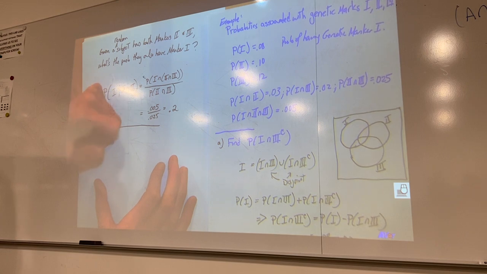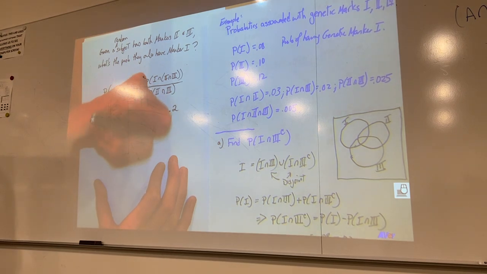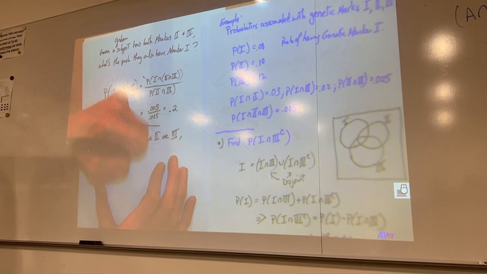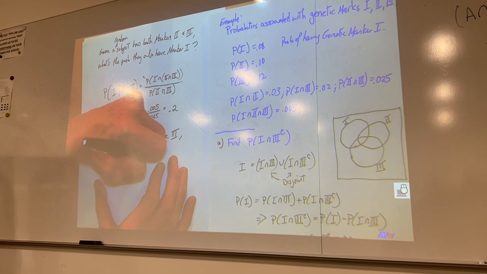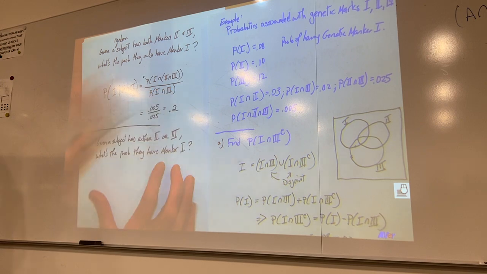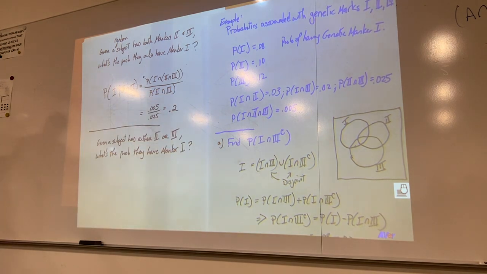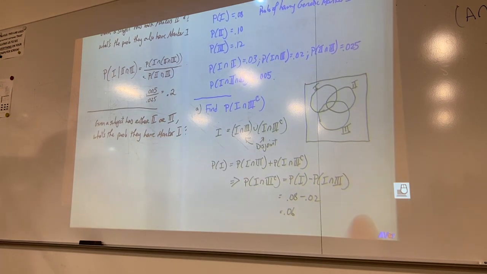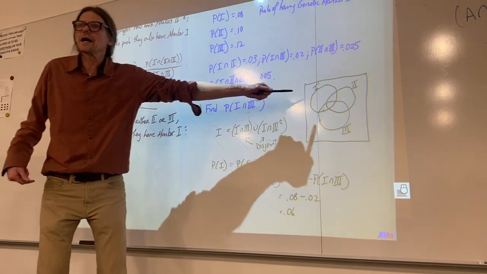Given a subject has either marker 2 or marker 3, what's the probability they have marker 1? For that, I would probably resort to that Venn diagram and figure out what's really going on.